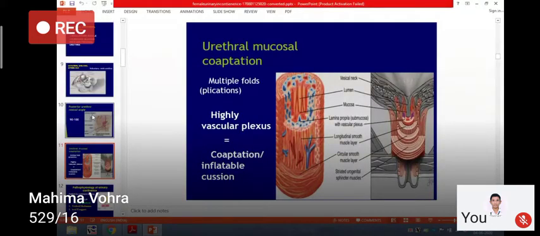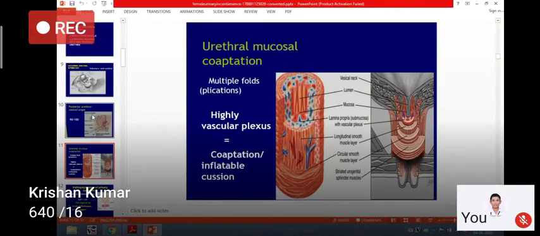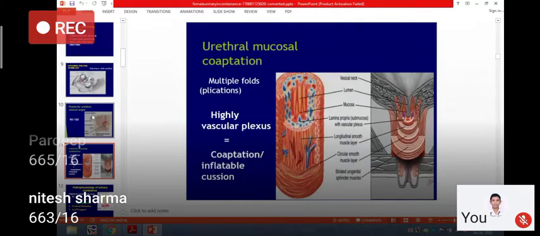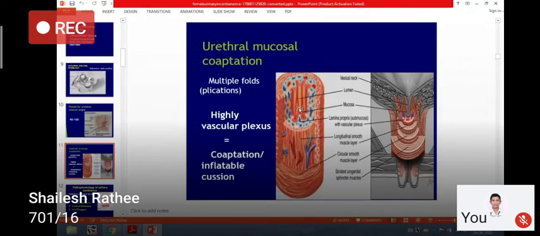Now, how does the urethra remain closed at rest? Why is the urethral pressure increased? The urethral mucosa is thrown into many longitudinal folds, as you can see here, and these form the plications.